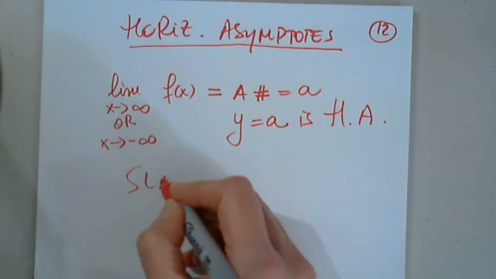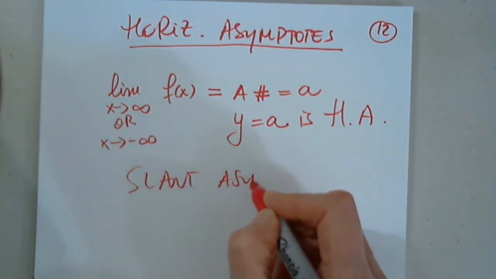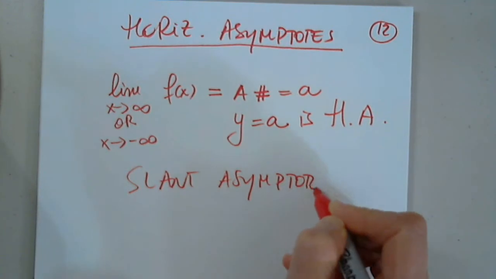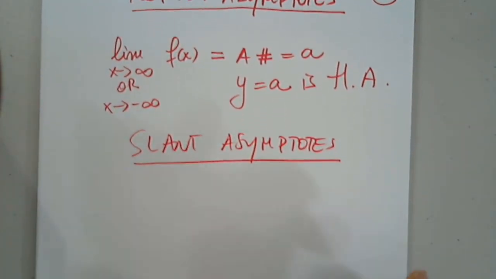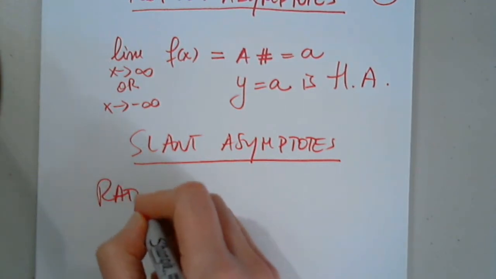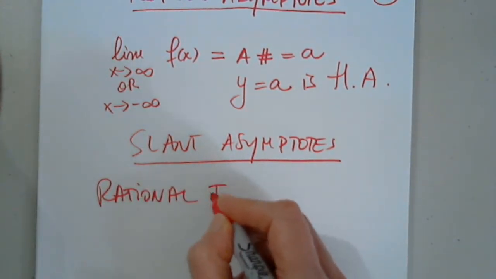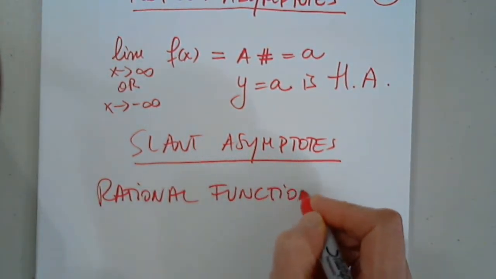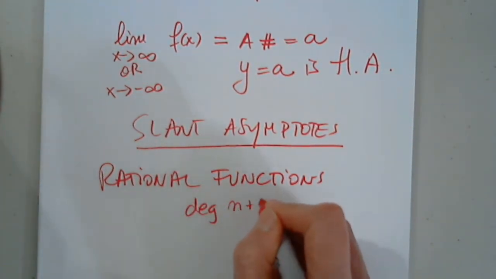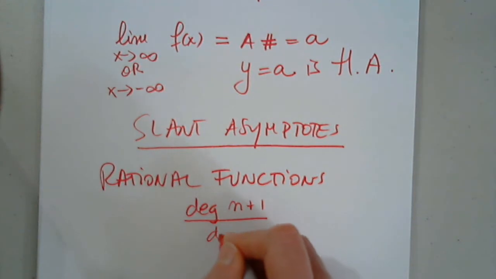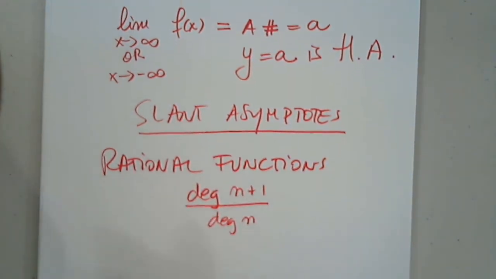Now the slant asymptotes are specific for rational functions with degree n plus 1 over degree n.